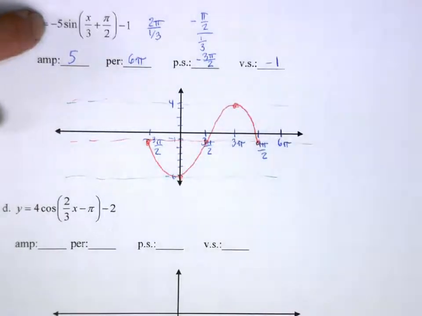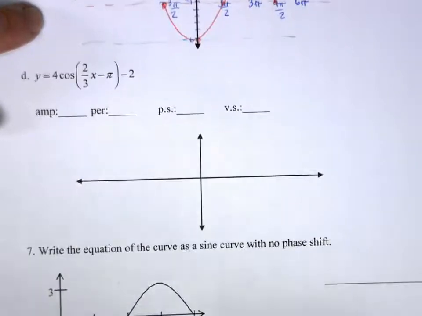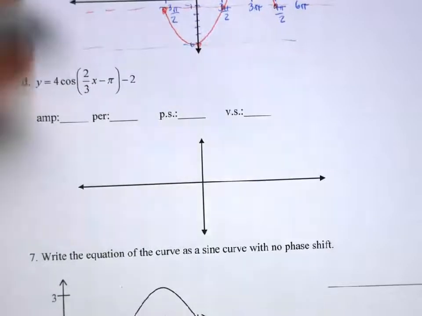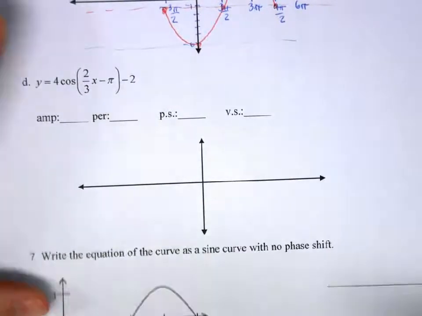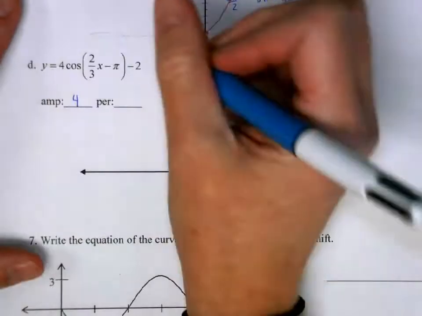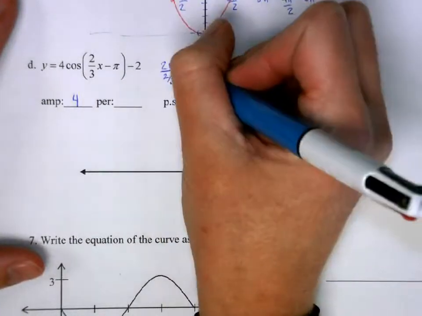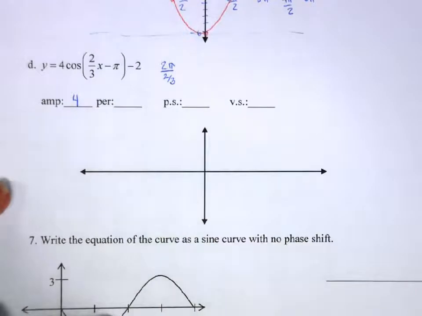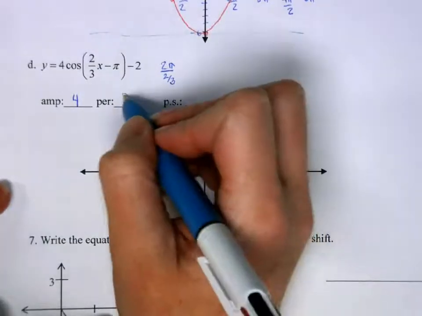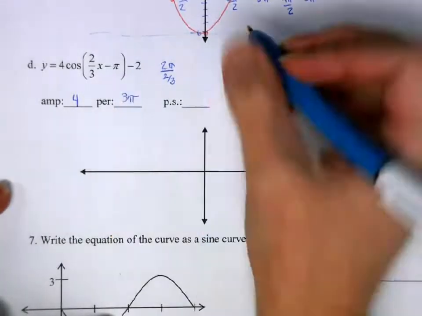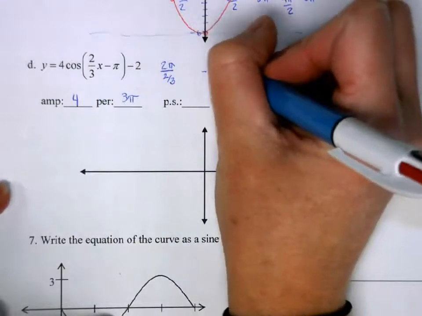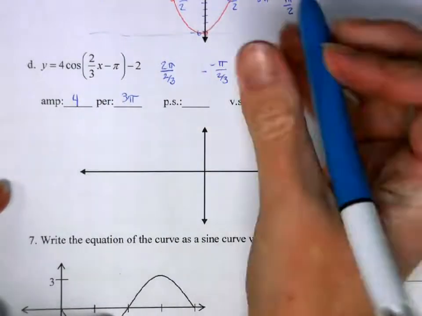Okay, one more graphing. Okay, amplitude is 4. Period is 2 pi divided by 2/3, which is going to be 3 pi. Our phase shift is negative pi over 2/3, which will make that a positive 3 pi over 2.